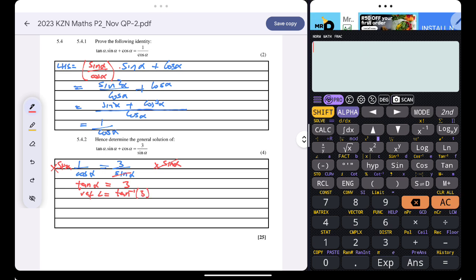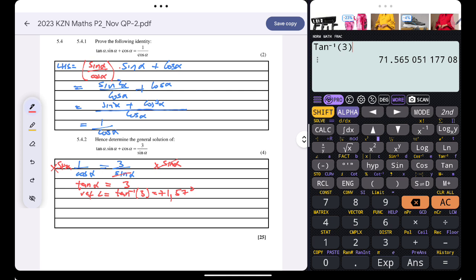What do I get? Shift tan 3. I'll get 71.57 degrees, right together. For tan, guys, it's just simple. You can only express your reference angle in the first or second quadrant, right?